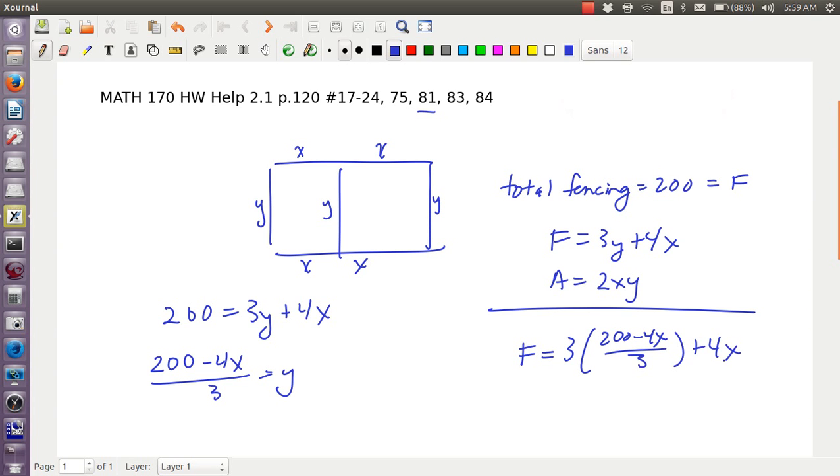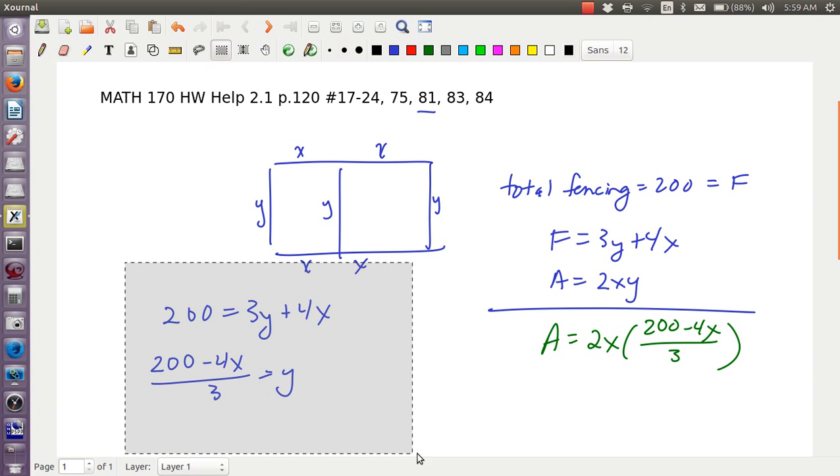And guess what? This is completely ludicrous. This doesn't help anybody because it just says fencing equals 200, so that doesn't help us. Okay, so what they really want you to do then is they want you to say area is equal to 2x times (200 minus 4x) over 3. There we go. That's the thing they want you to investigate.